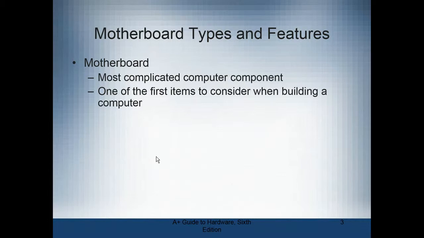It's the most complicated component on the computer, the thing that holds all the other devices. That's why they call it the motherboard, because of the mother and her children and all that other good stuff. The motherboard is the thing that the processor goes on.